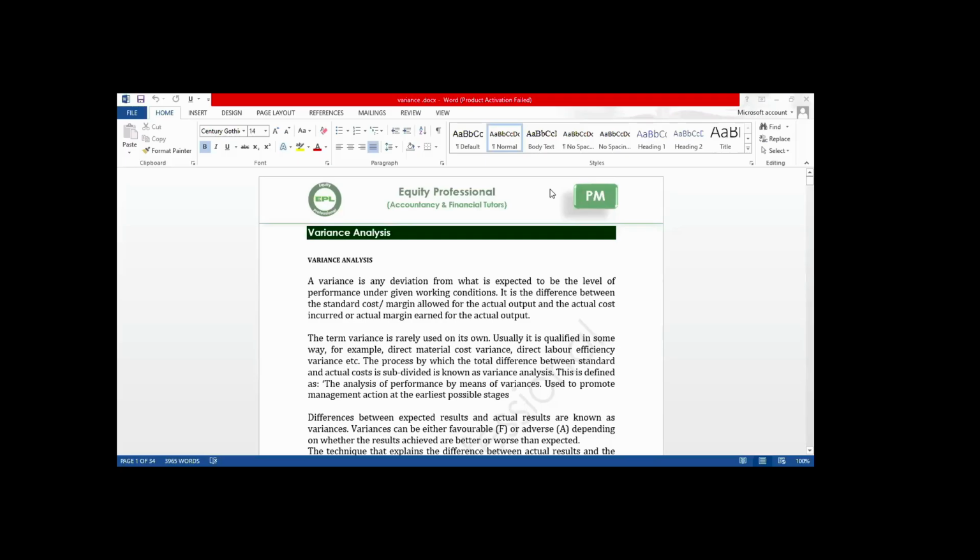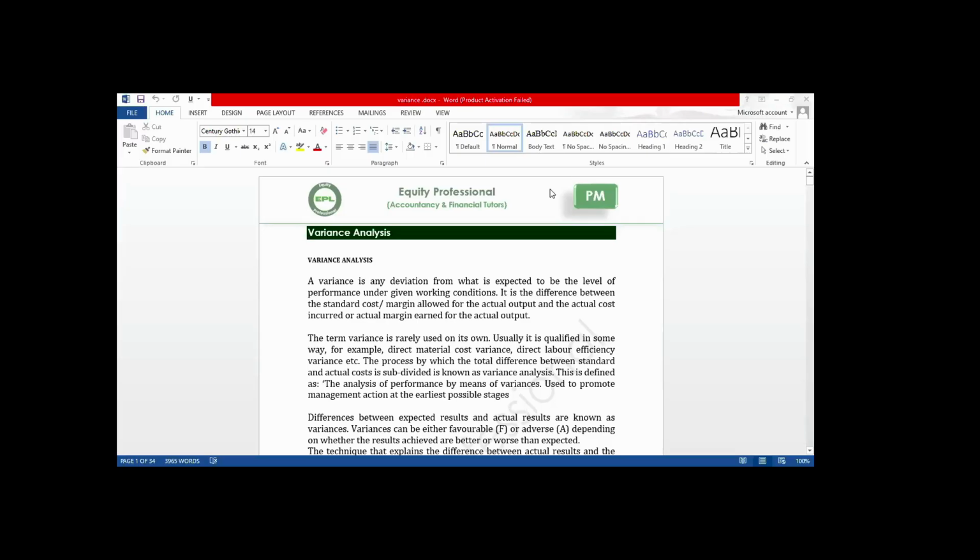What is variance analysis? Variance analysis is the process of investigating the cause or causes of variance. When you say variance analysis, when we compare actual results with budgeted plan, our actual results is different from budgeted plan.